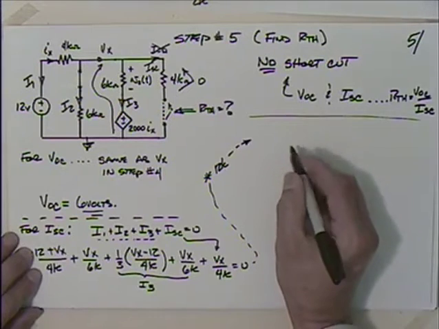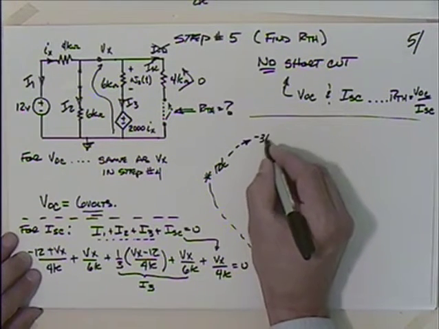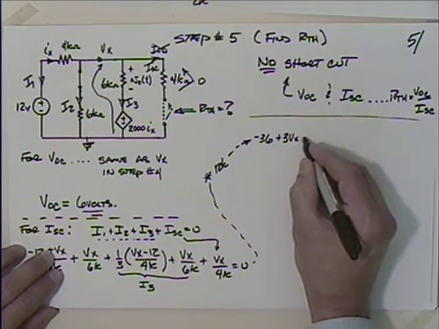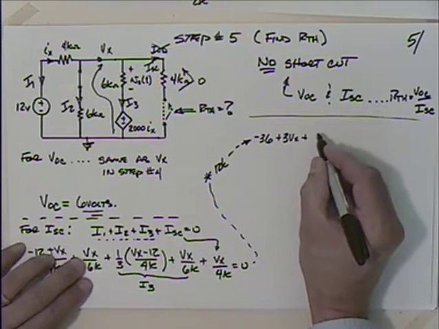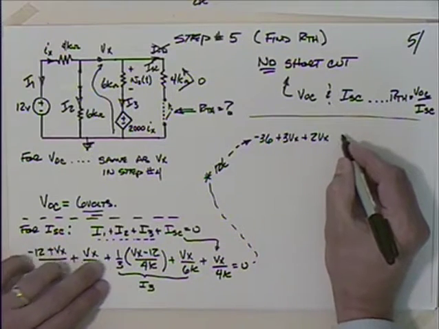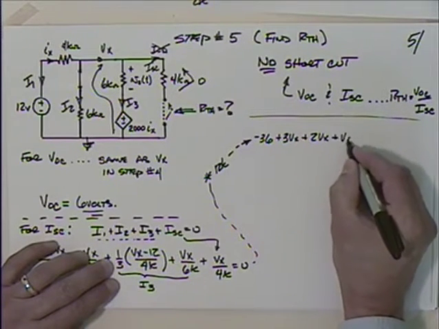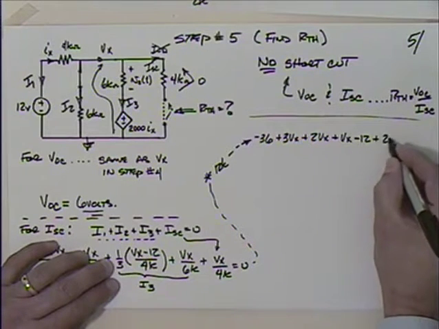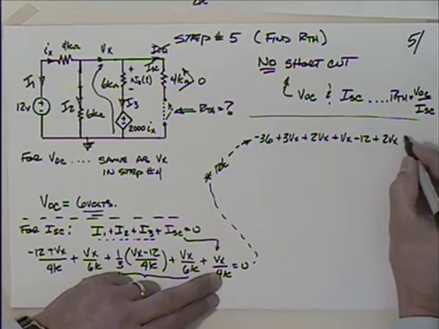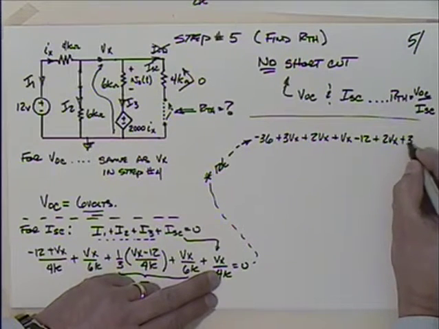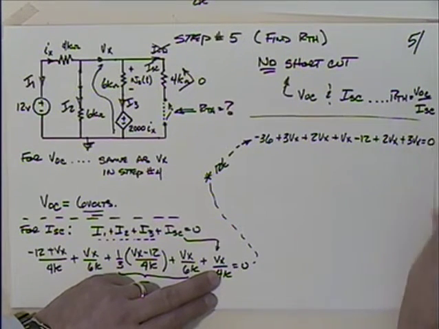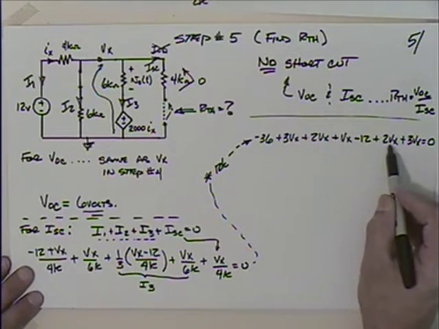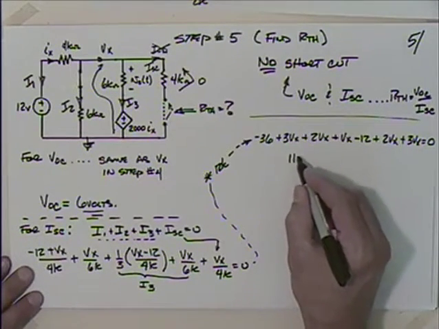And we're going to have minus 36 plus 3Vx plus 2Vx plus Vx minus 12 plus 2Vx plus, what's that, 3Vx is equal to 0. So Vx is 3, 5, 6, 8, 11.